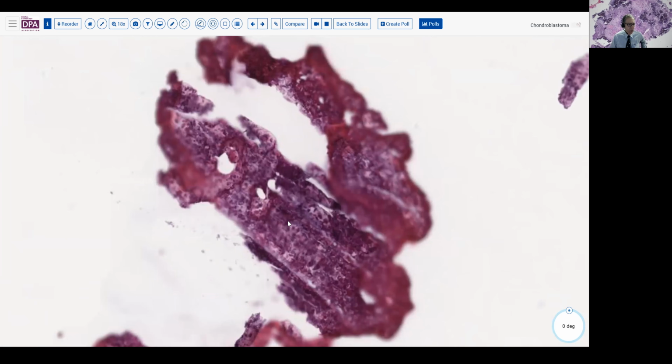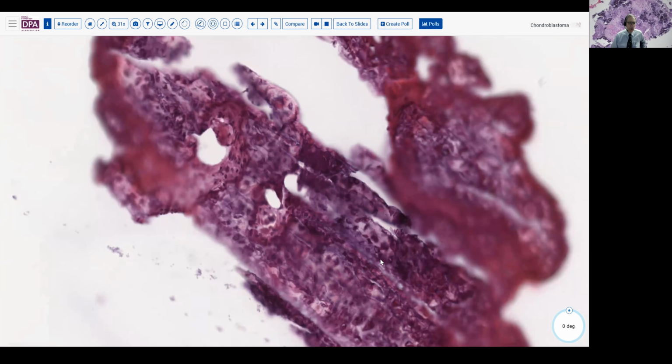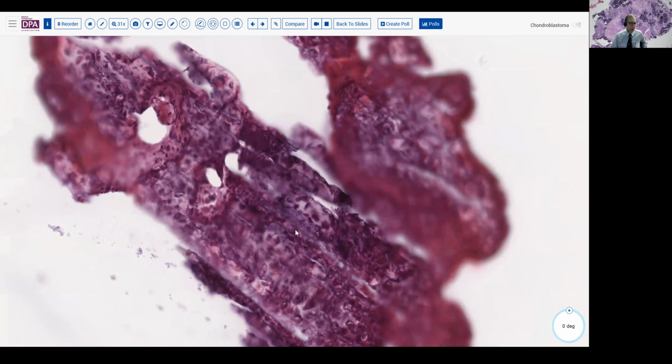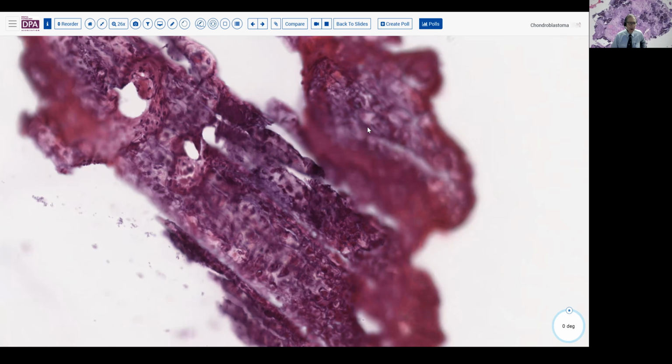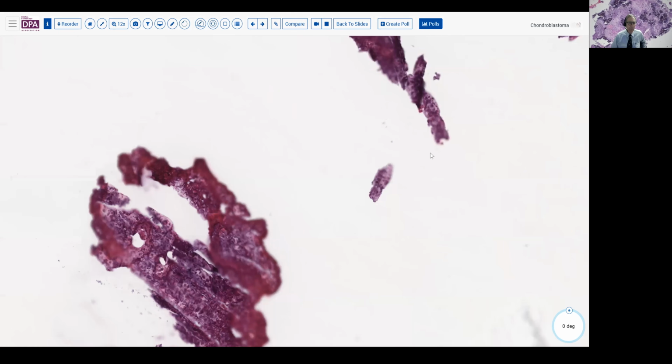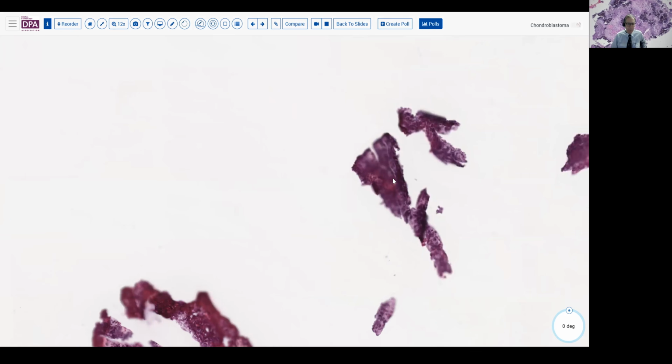It tends to reiterate what we were seeing on the touch prep: clustered cells, sort of rounded contours, and fairly prominent nuclei. Now, of course, with the digital slide, we can't focus up and down quite so well. We can also appreciate, however, that there appears to be some pretty coarse calcifications with some of these fragments. So this is certainly not an optimal frozen section exam.